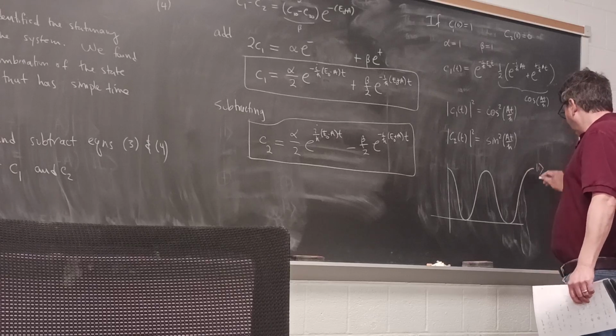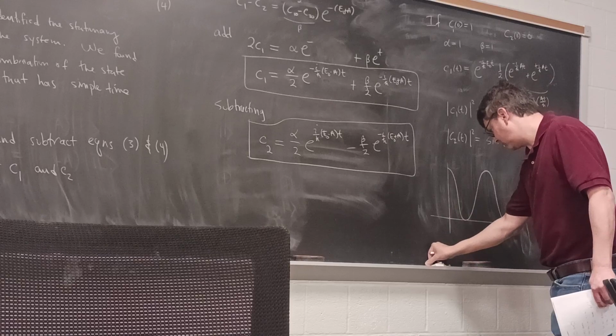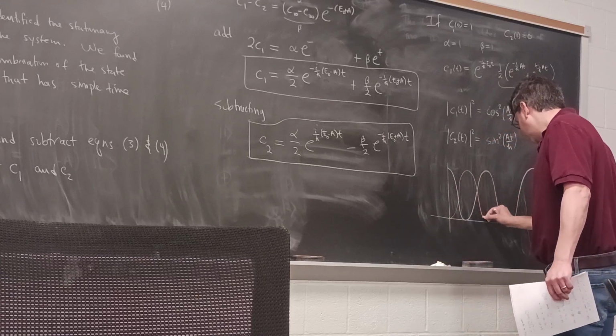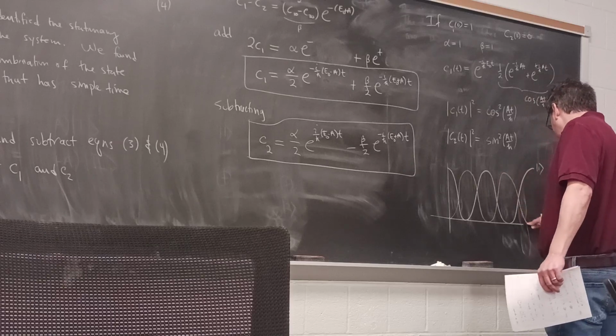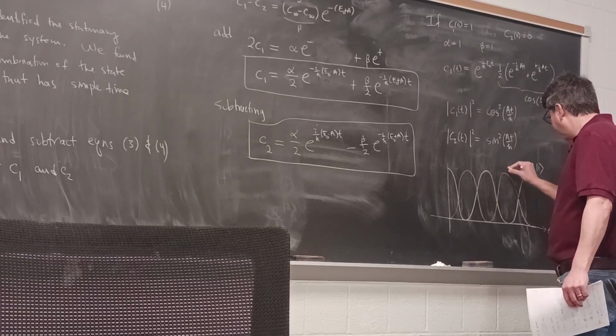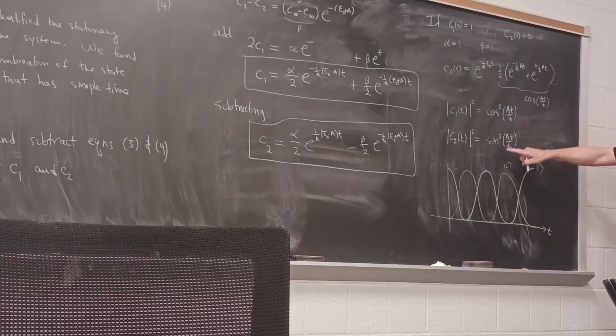If this is state 1, it starts off in state 1, and then state 2 just oscillates with time. At time 0, cosine's 1, and at time 0, sine is 0. So the thing just flip-flops back and forth.